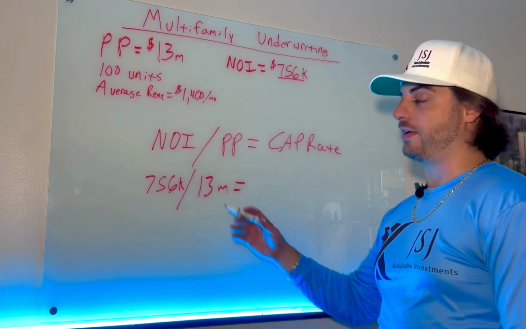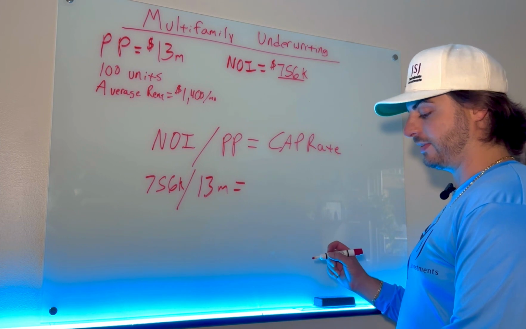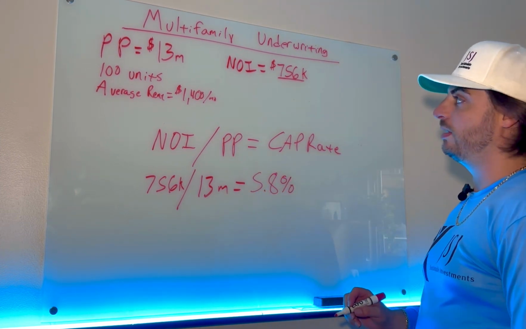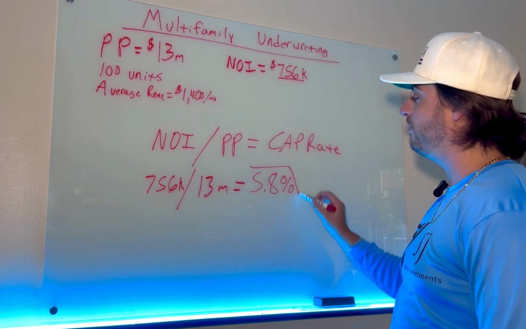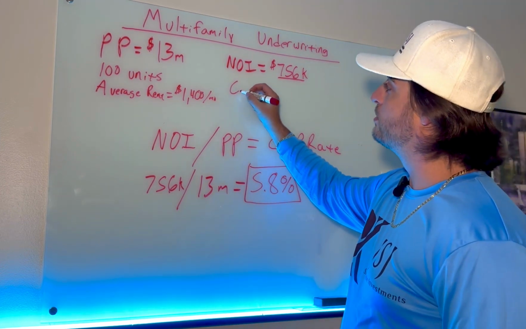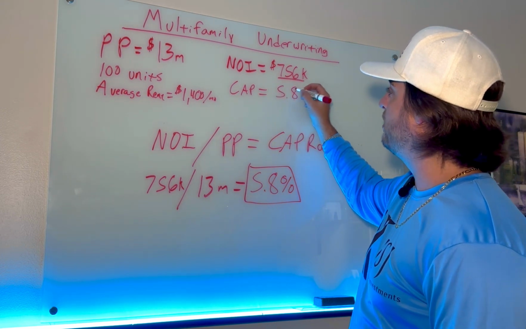Do it on your own. Do 756,000 divided by 13 million. That's going to give us a cap rate of about 5.8%. So we know that this property, if we were to purchase it all cash, would produce a 5.8% return for us. So we can write this up here. Our cap is now 5.8.